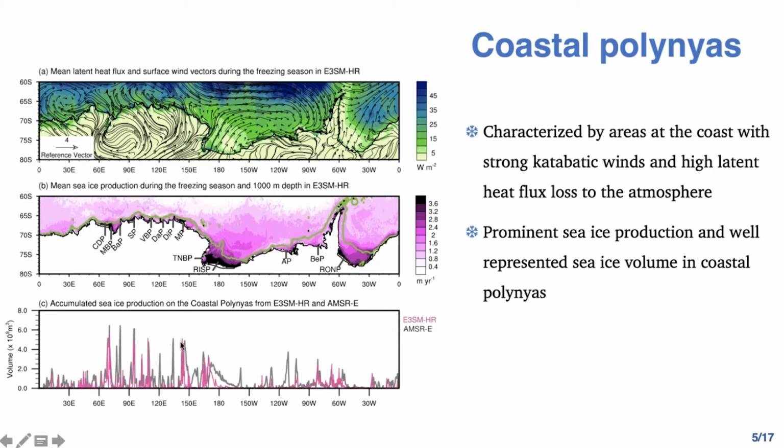There is also a comparison of accumulated sea ice volume in the coastal polynyas between the model, which is the pink curve, and a satellite observational product in gray. And you see that typically the model does fairly well. There are only some polynyas where the model sea ice production is not as high as in the observations.